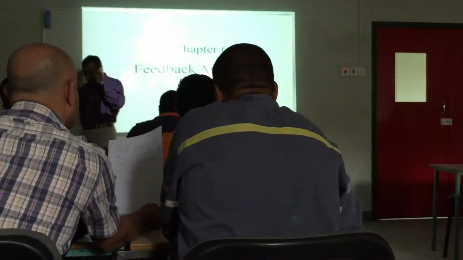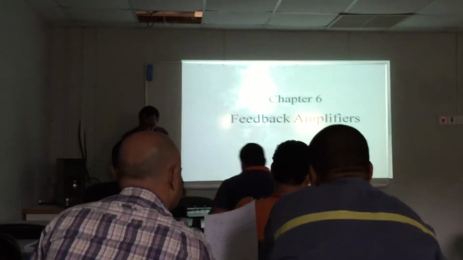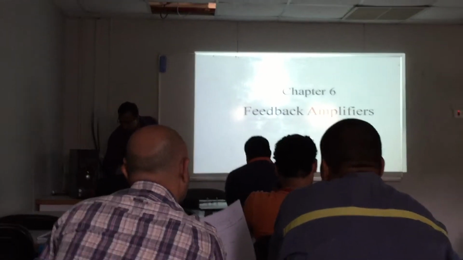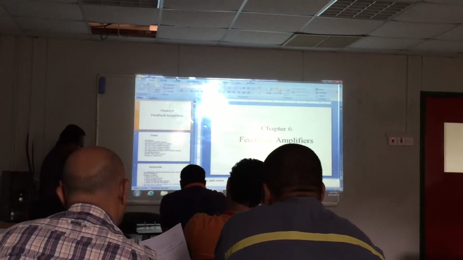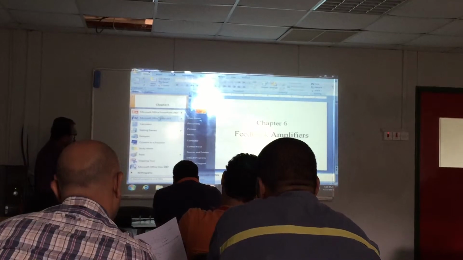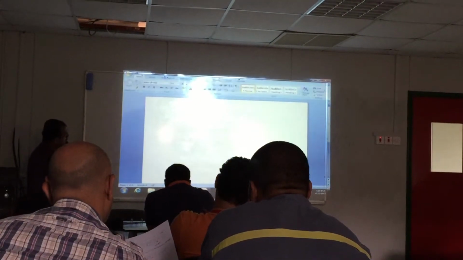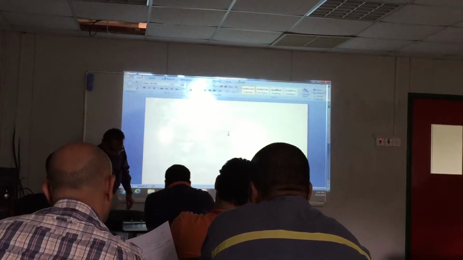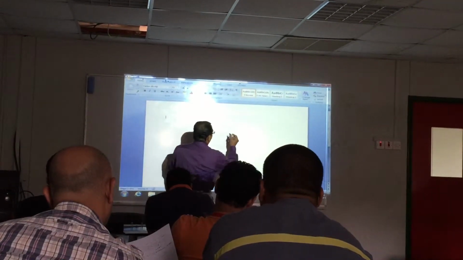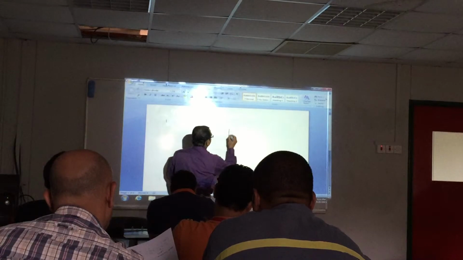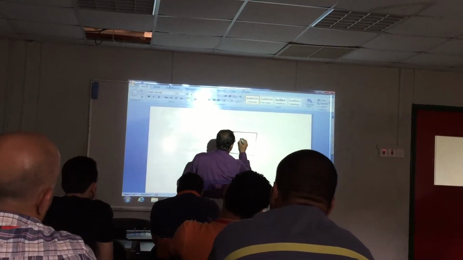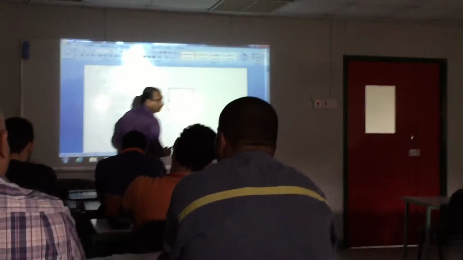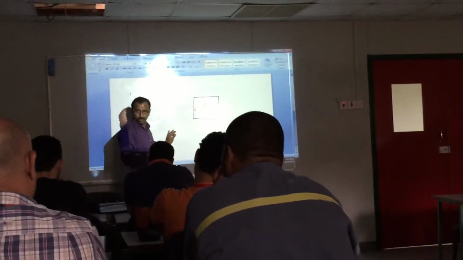So here in amplifiers, we are going for applying feedback. We will start from our basic amplifier circuit. So for example, if you take our amplifier, and this amplifier has a gain of A. Are you following me?